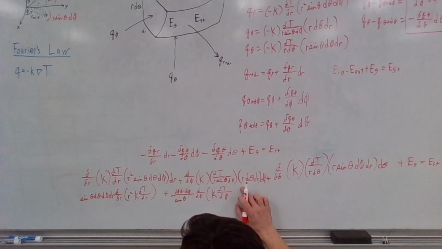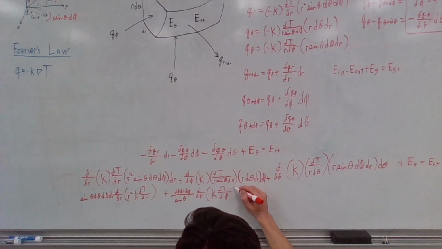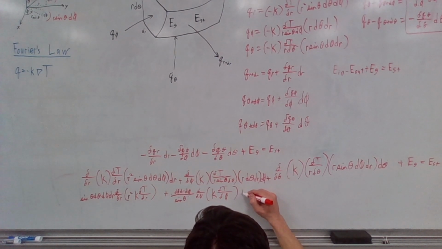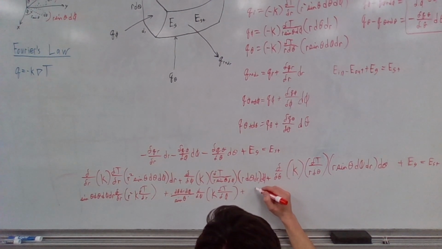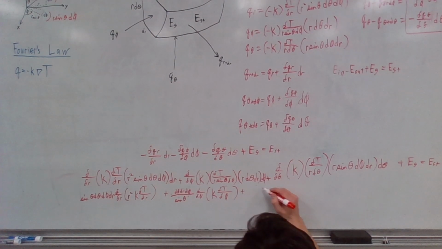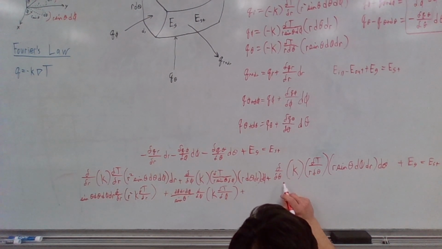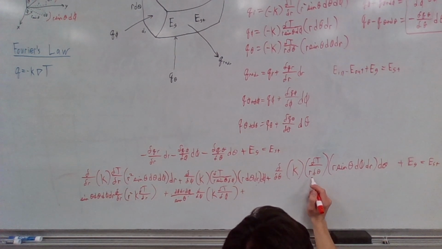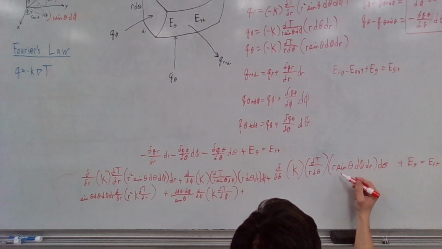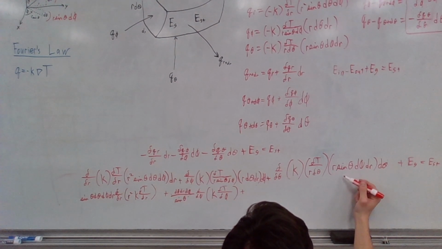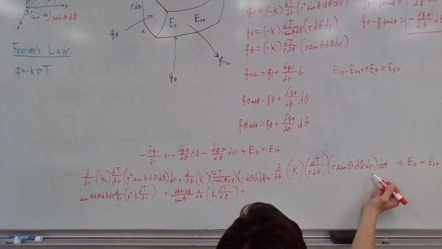And I think that's everything. Yep, so that's a little bit cleaner, a little bit simpler now. One more time here. So what are we going to pull out? Well, this is our with respect to theta, so I can pull out this r, and I can pull out this r sine theta d phi dr.